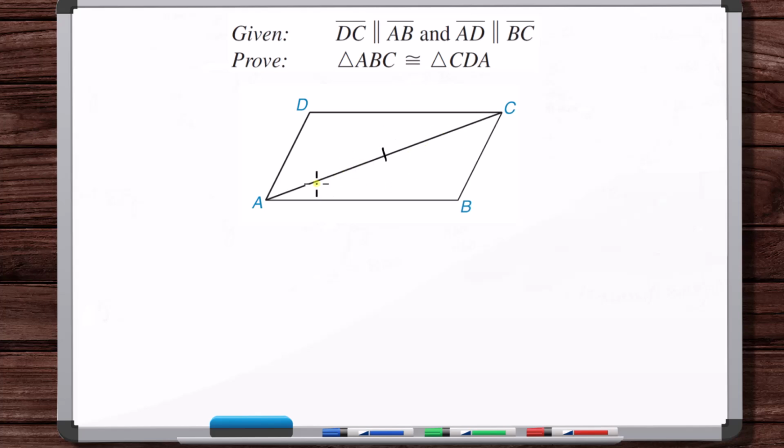Well, we've got alternate interior angles here. So this angle is congruent to this angle, with respect to parallel lines DC and AB and transversal AC. But now if we look at parallel lines AD and BC with respect to the transversal AC, this angle is congruent to this angle. So by angle side angle, we can show that those two triangles are congruent. ABC is congruent to CDA.